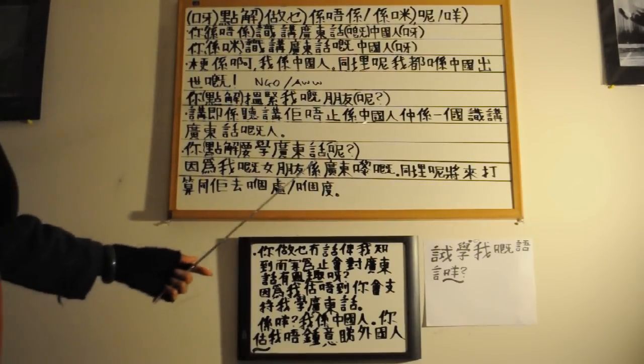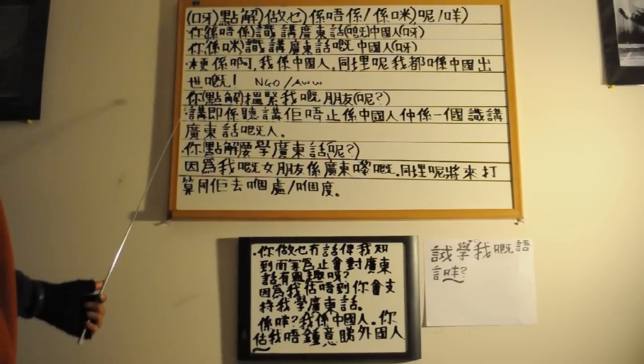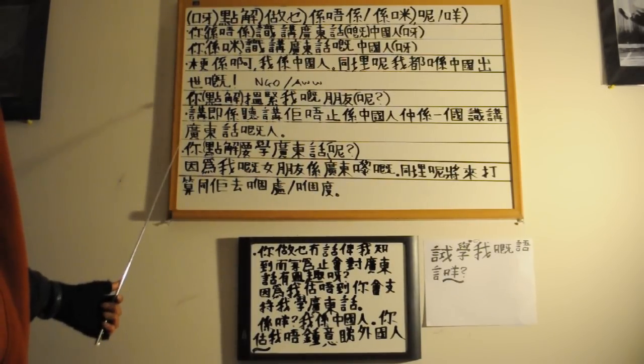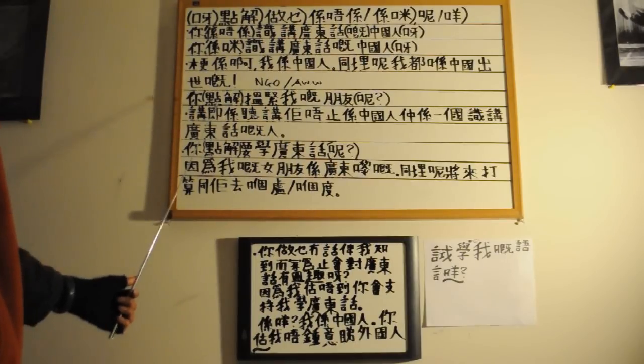And then let's see, what do we have as a response? We say 借 or 講即係. I'm going to explain this.